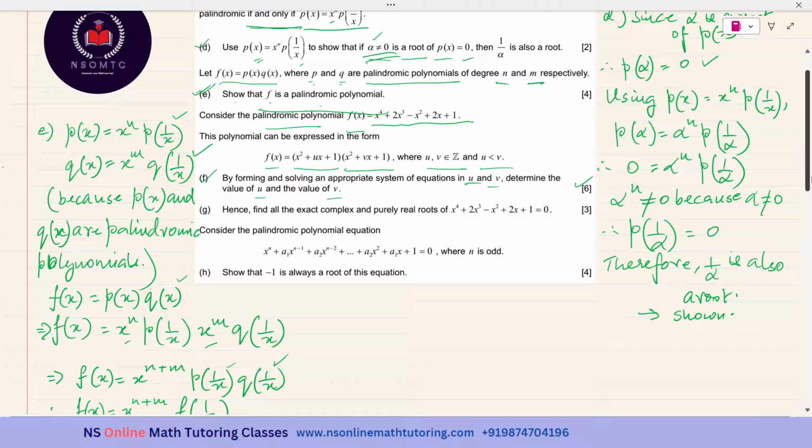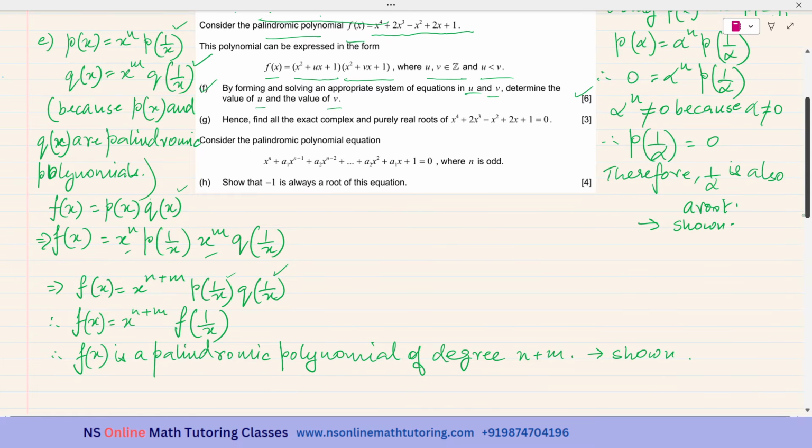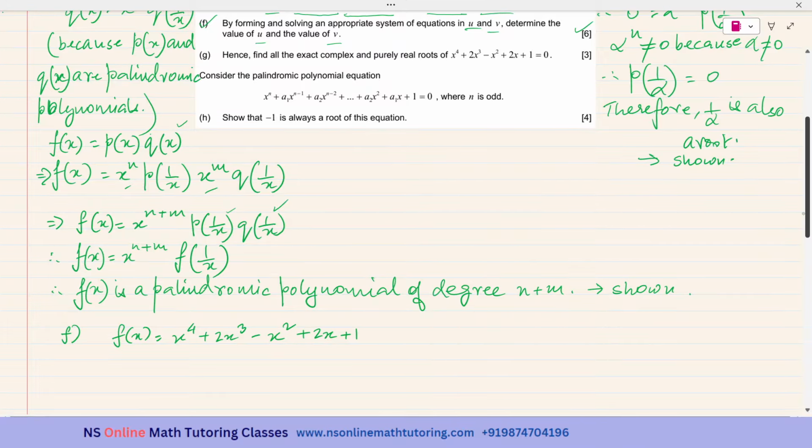First of all, let me write the expression for f of x. f of x equals x to the power of 4 plus 2x cubed minus x squared plus 2x plus 1. I just copy it, so now you can see properly.